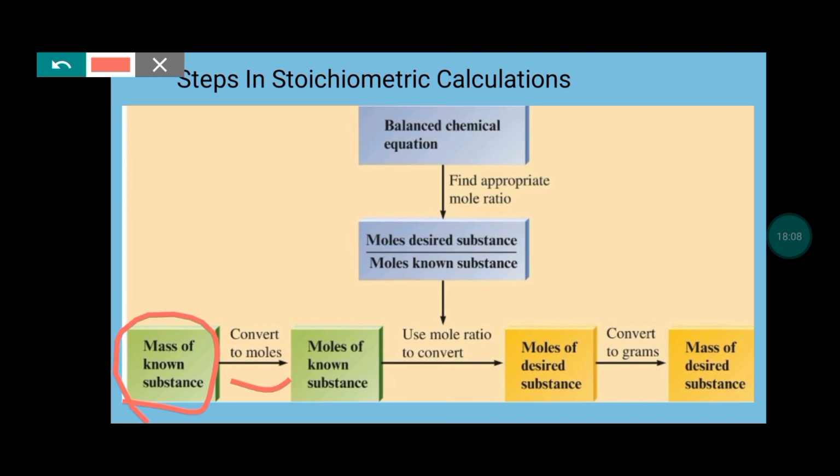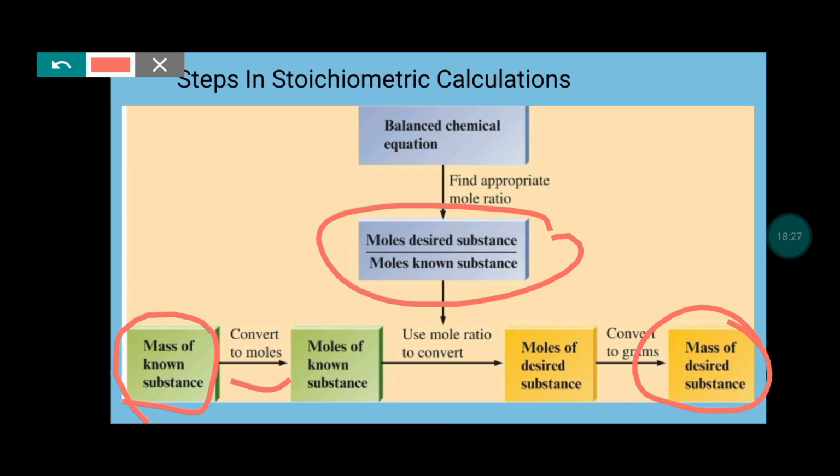Moles of known substance. And then, kapag nakuha na natin yung moles, we will convert it to the moles of desired substance using our ratio. And then, finally, we will convert this moles of desired substance into mass of desired substance. So, depende lang yan kung ano yung nire-require ng problem sa atin.